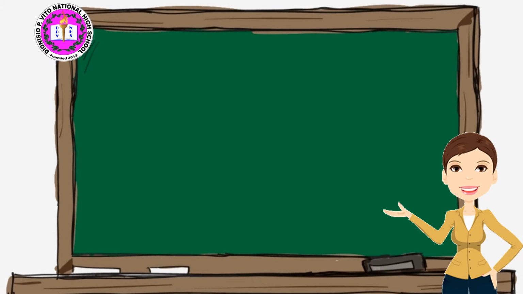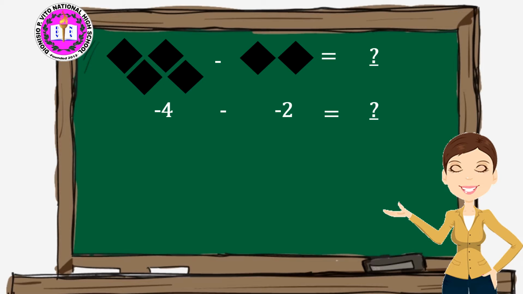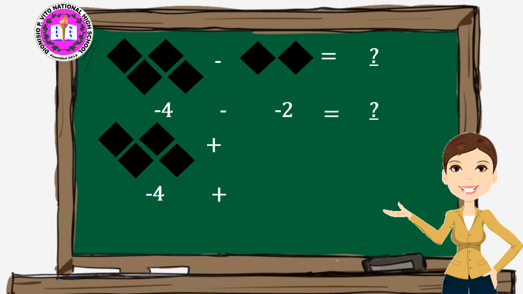Let's have this example. We have negative 4 minus negative 2. Applying the rules of subtraction of integers, we're going to keep negative 4. We're going to change the operation from subtraction to addition.